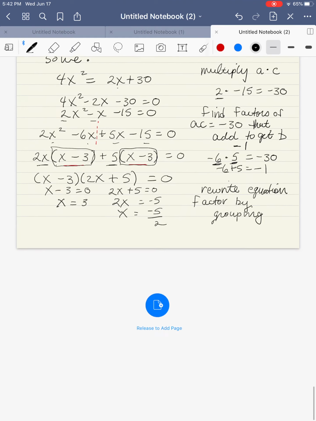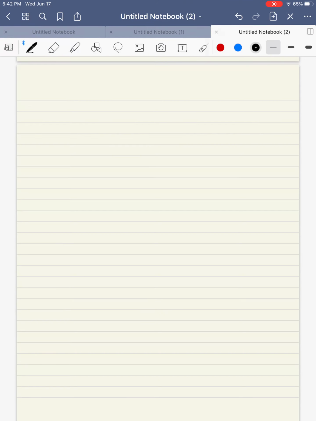All right, I'm going to have you practice the AC method with our other equation that we used. And this one's already in standard form with the x squared positive.